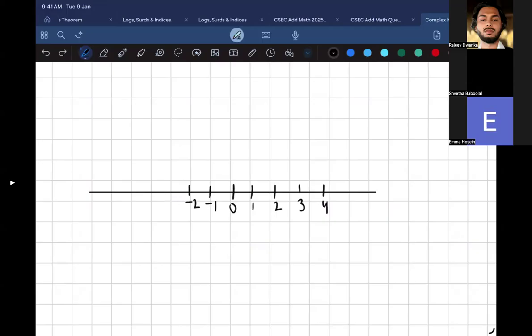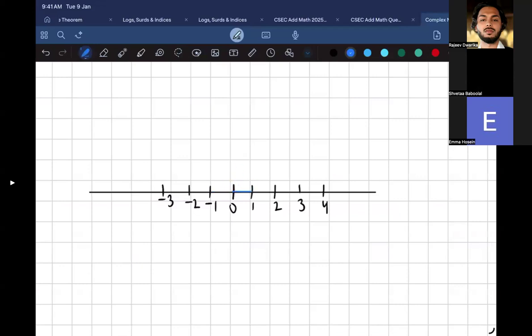I want you to think of multiplying by a negative as a rotation of 180 degrees. So if I multiply 1 by minus 1, that means I'm going to rotate 180 degrees. Anytime I multiply something by minus 1, that means I rotate by 180 degrees.